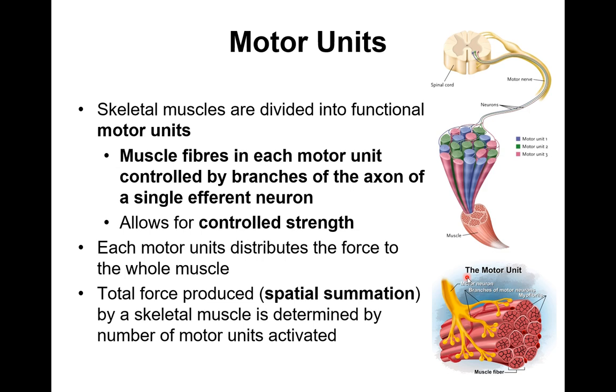So by having different motor units, my nervous system can control the overall strength of activation of the contractions. And the total force that is produced by the activation of a different number of motor units is referred to in this case as the spatial summation.